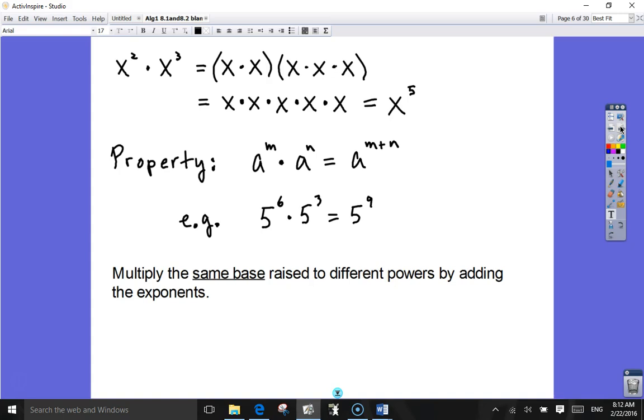It can't be a to the m and b to the n. That wouldn't work. But the same base raised to different powers, add the exponents. And this was the example that was given in what you copied, right? Add the exponents. 6 plus 3 equals 9. So multiply the same base raised to different powers by adding the exponents.